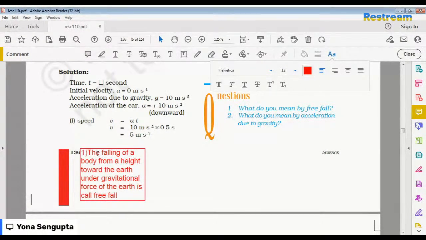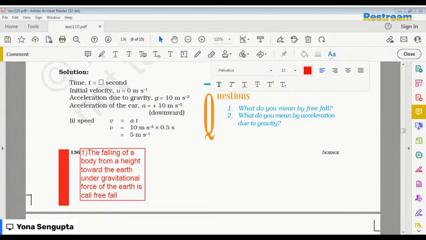So it means that the falling of a body is from a height towards the earth under the gravitational force of the earth, and it is called a free fall. So, hence the motion of a particle falling down or going up under the action of gravity means the body is under free fall. Okay.